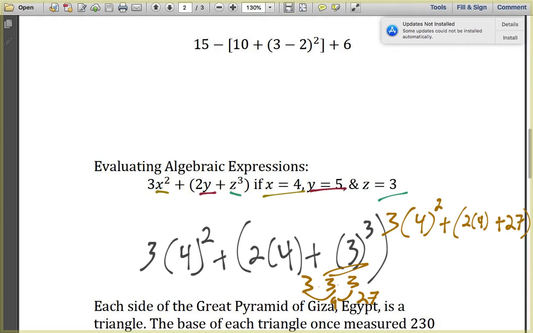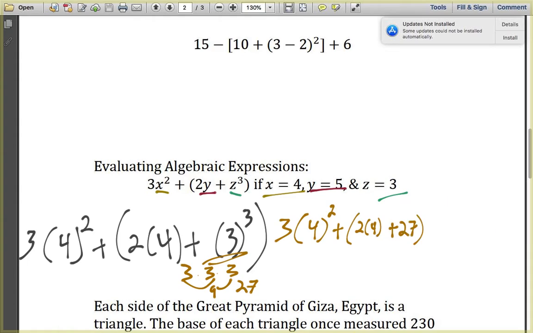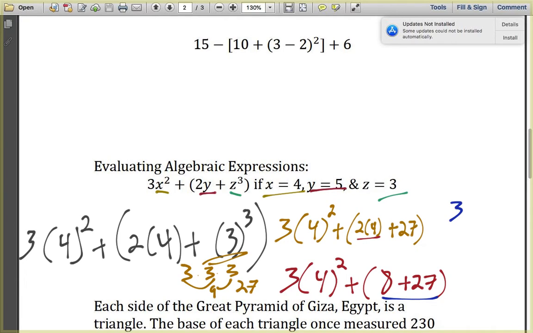And then we're still working inside the parentheses. Next thing you do would be the multiplication that's in there, right? Because there are no exponents anymore. So 2 times 4 is 8. Then I still have to work inside that parenthesis. So I'm going to get 3 times 4 squared plus 35.